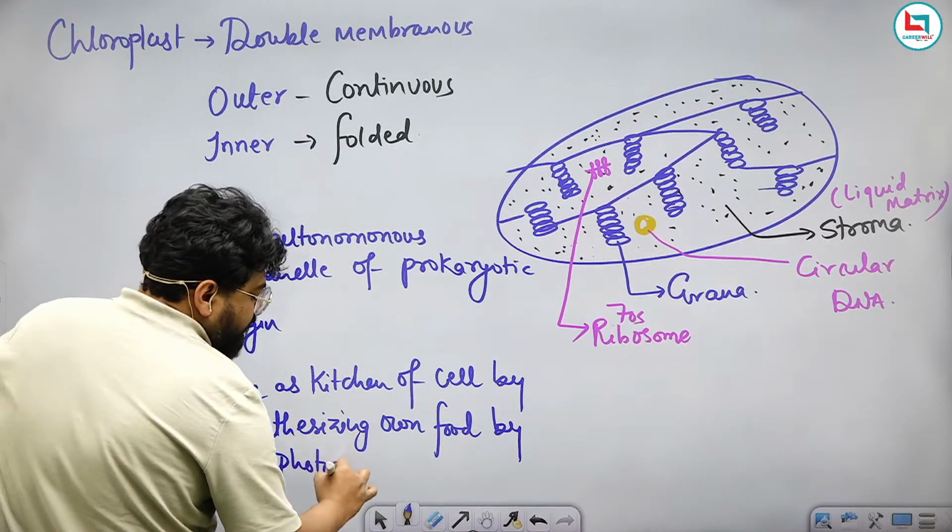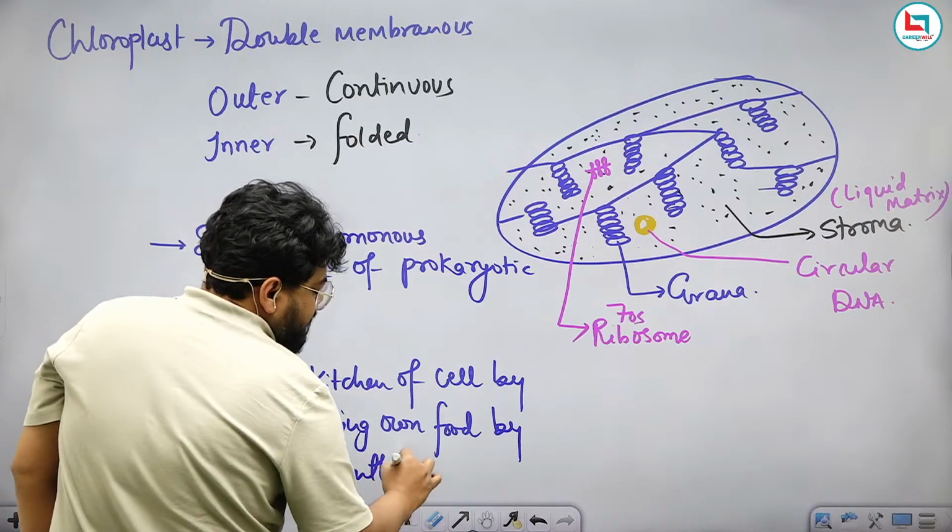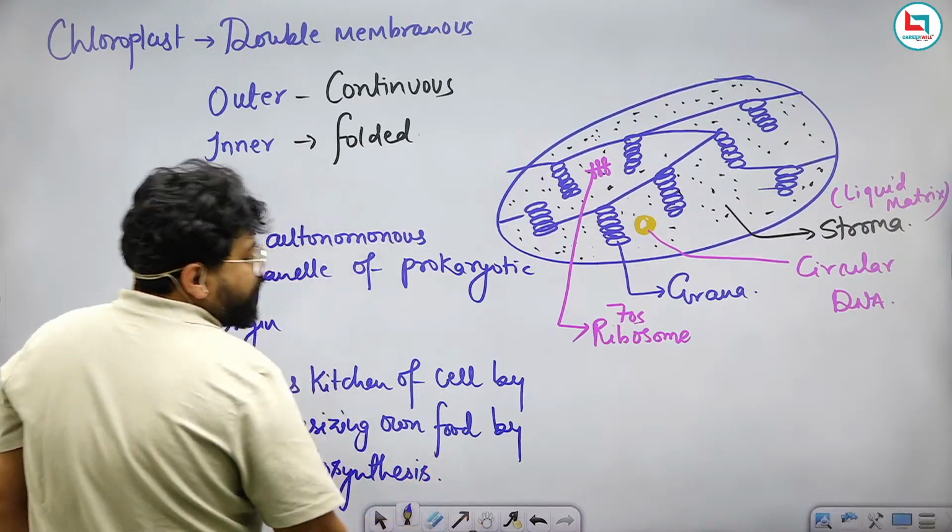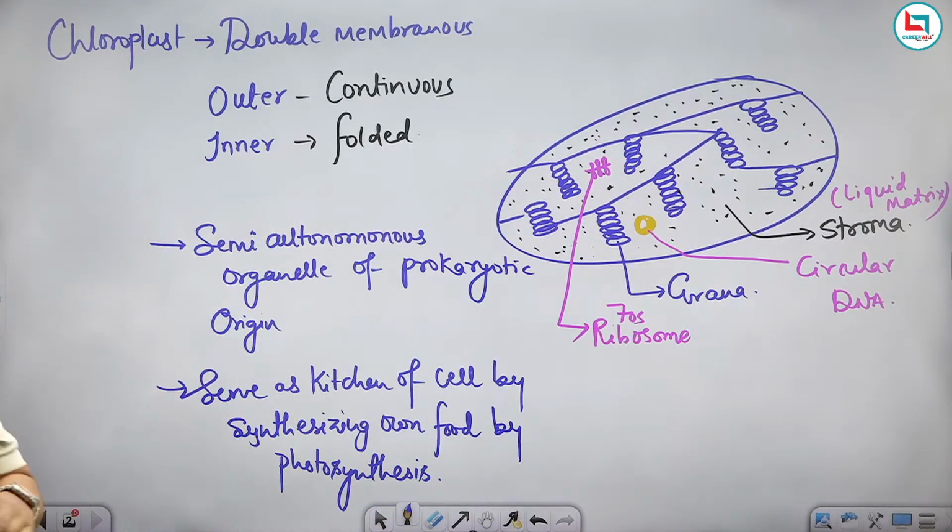By the process of photosynthesis, they can synthesize their own food. So plants do not have to depend on any other organism for their food. They can synthesize their own food. That's why a plant is said to be an autotrophic organism.